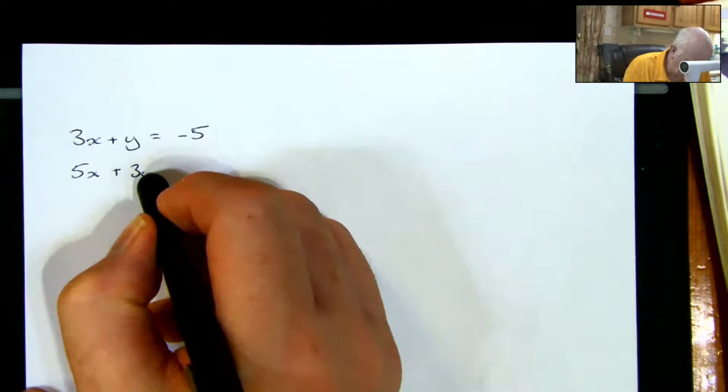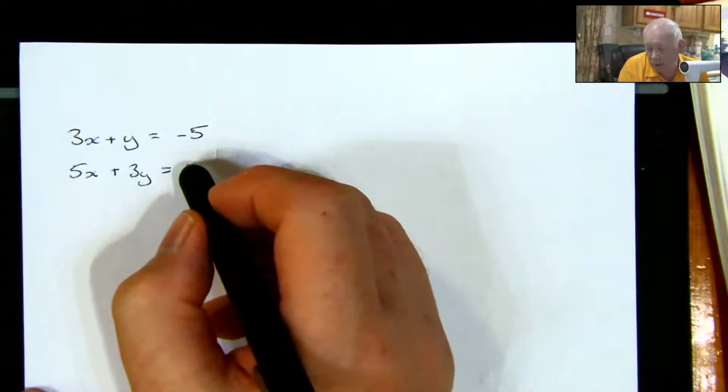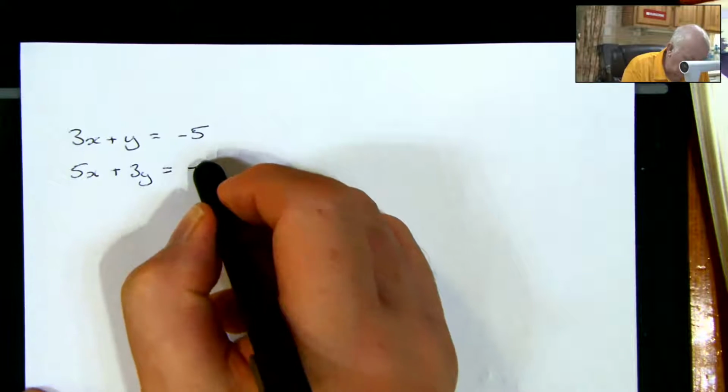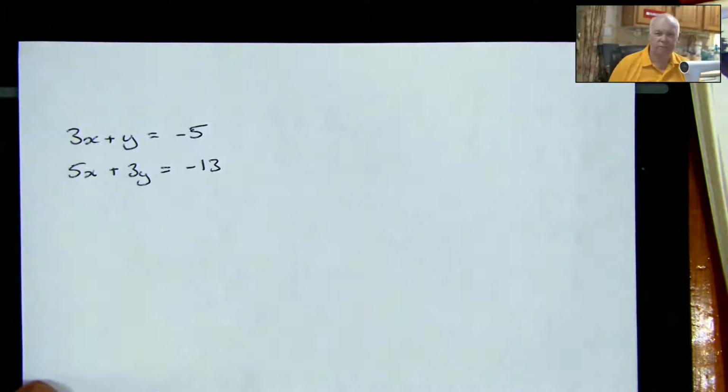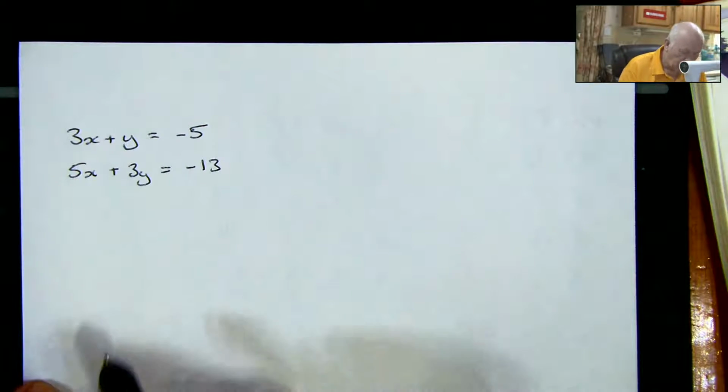Now I'll make it plus 3y, and I'll make that equal minus 13. Looks a fairly horrible sum, doesn't it?